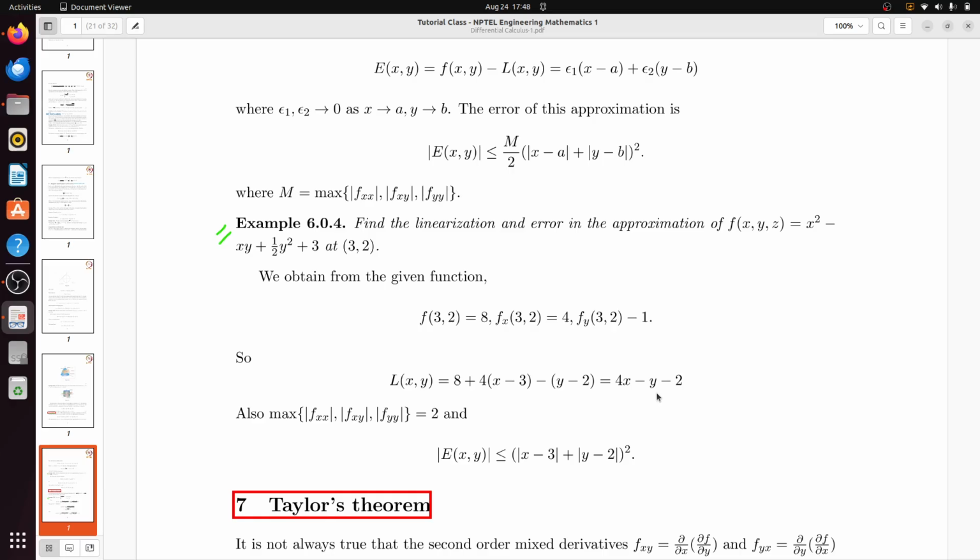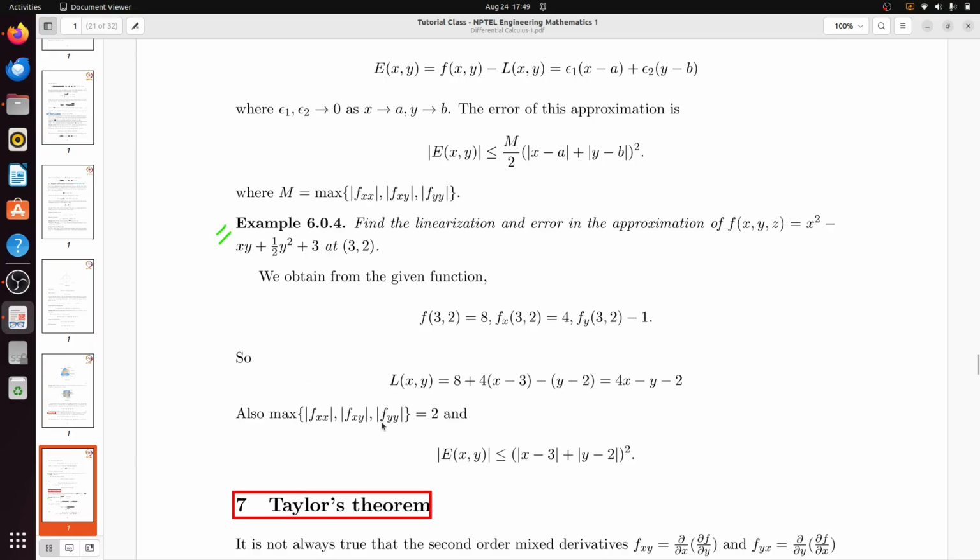Also, the max of this will be the error. The formula for error is M by 2 times (modulus of x minus a plus modulus of y minus b) whole squared. So M is the max of fxx, fxy, fyy, which is 2. fxx is 2, fyy will be 1, and fxy is minus 1.